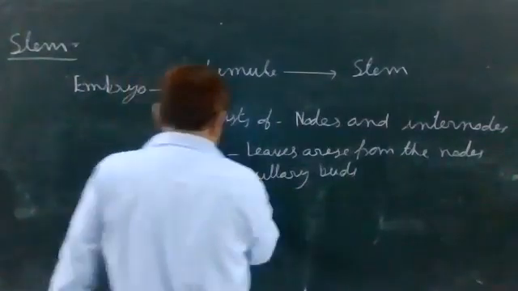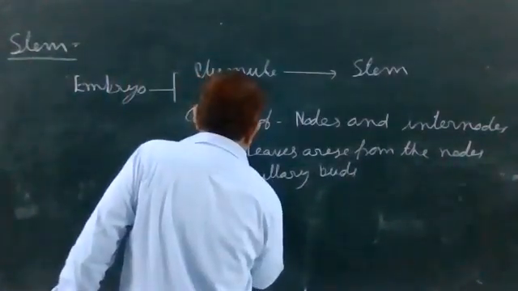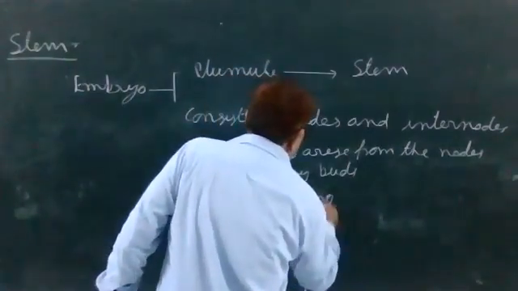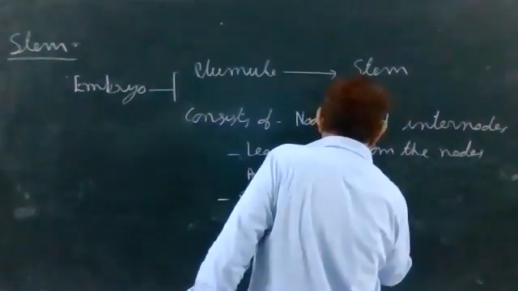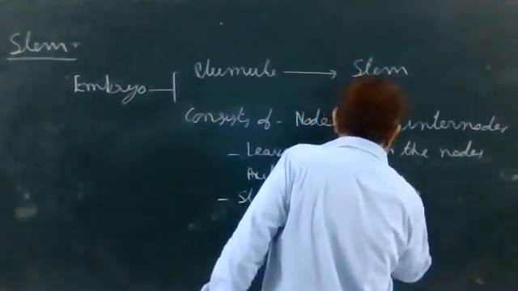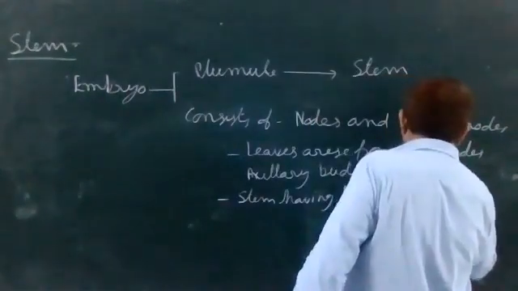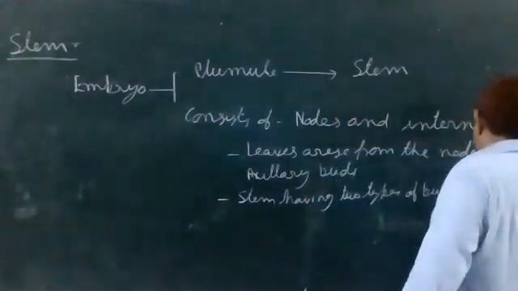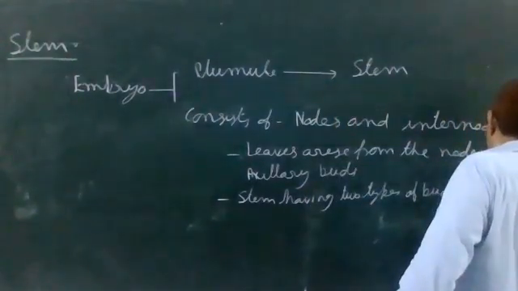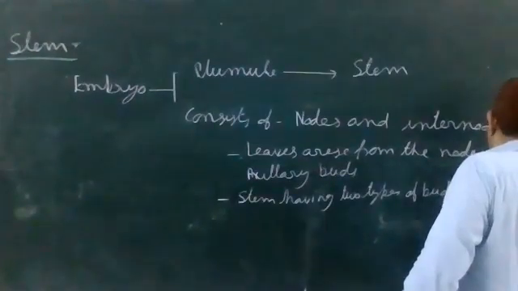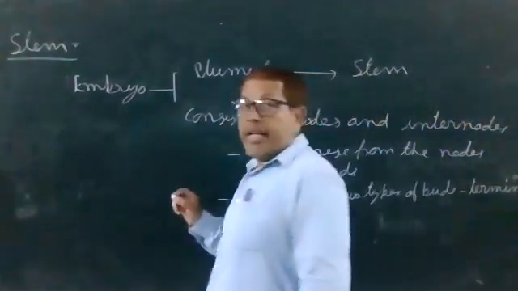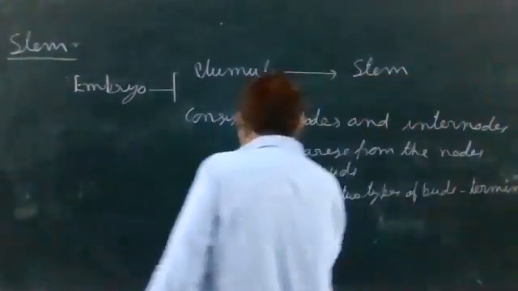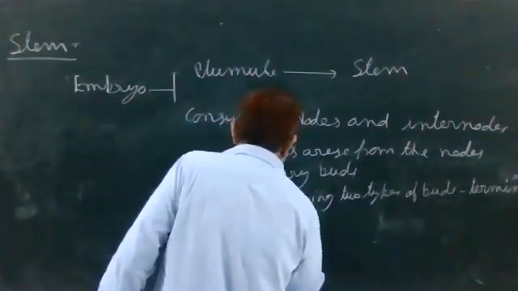So stem is having two types of buds. Number one is terminal and the other is axillary.